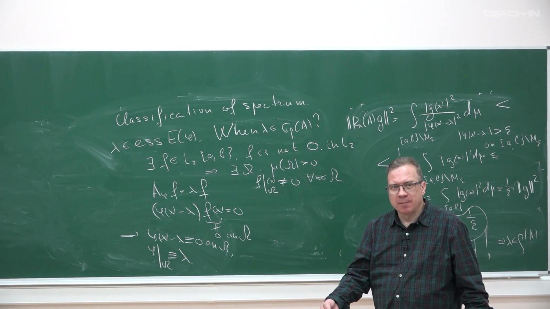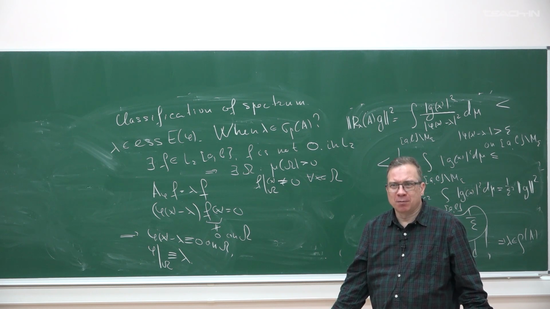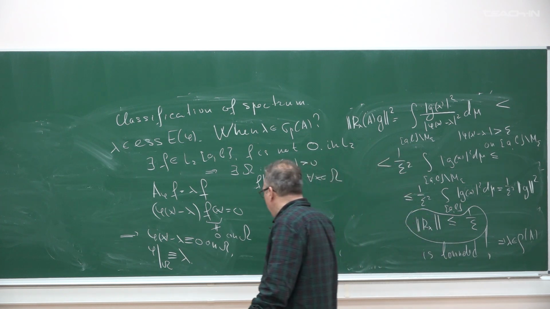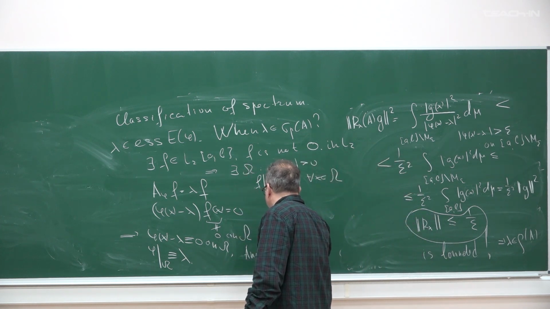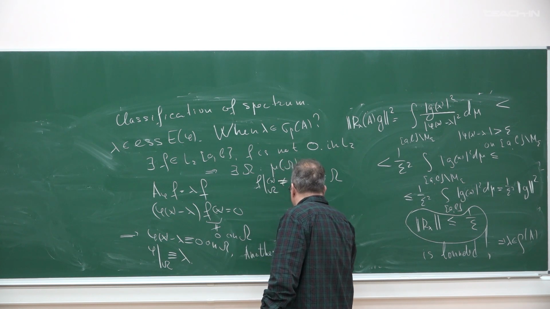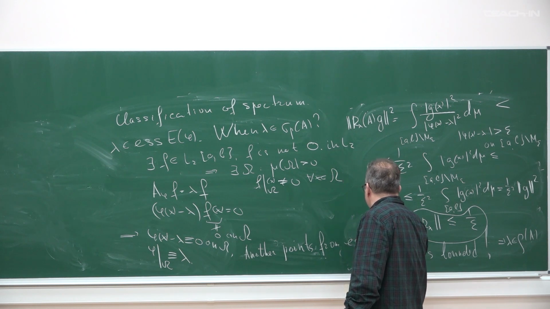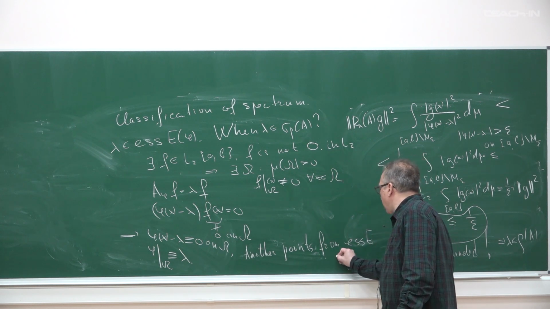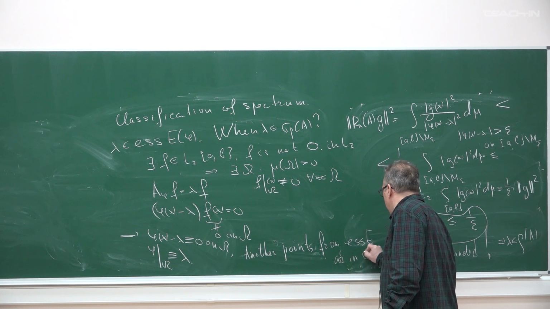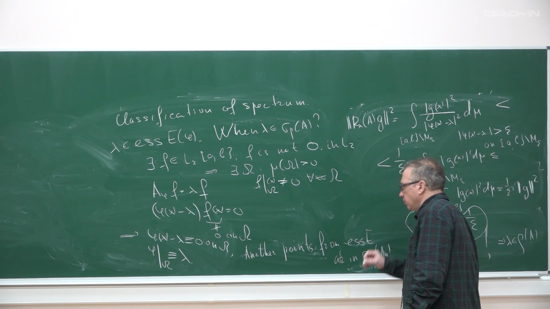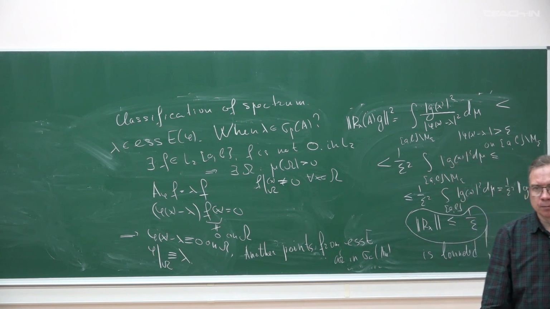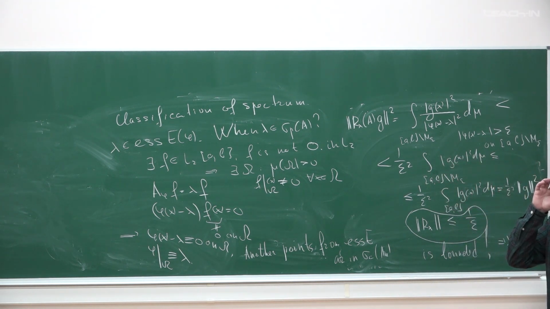So other points from essential values are in sigma c. That's all. That's all about the operator of multiplication by a bounded function in L2 on the interval.